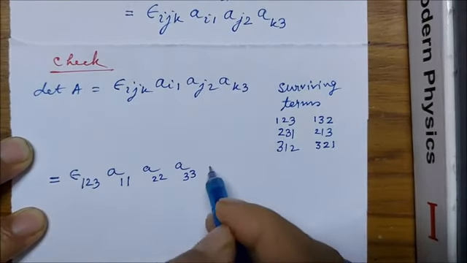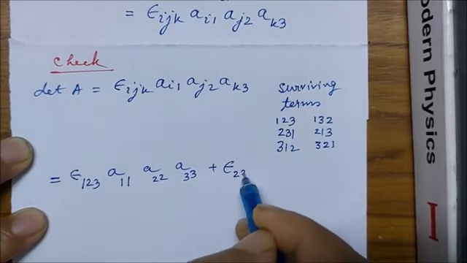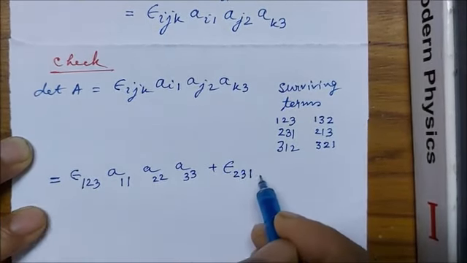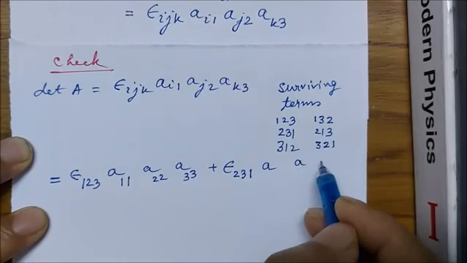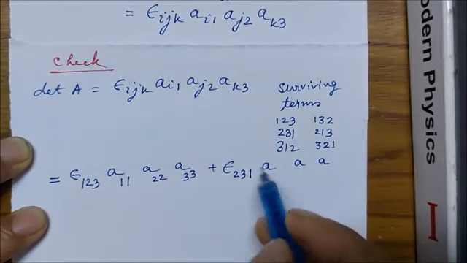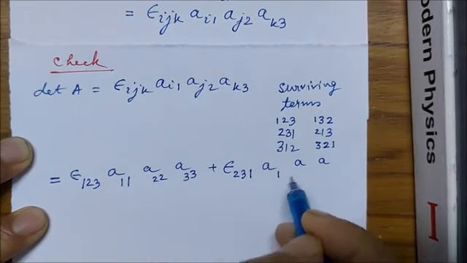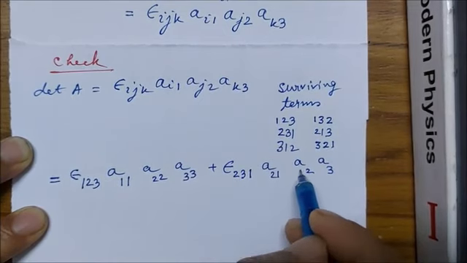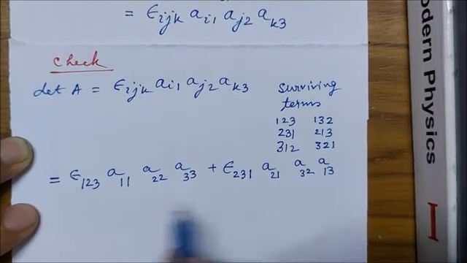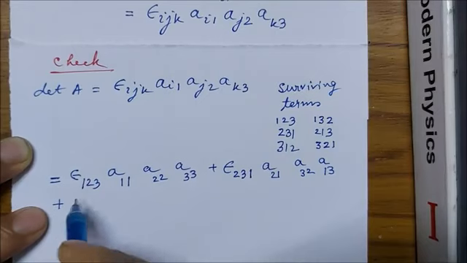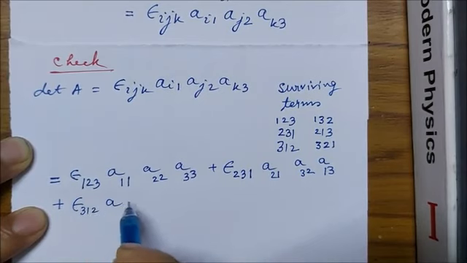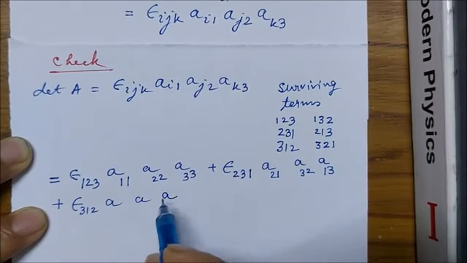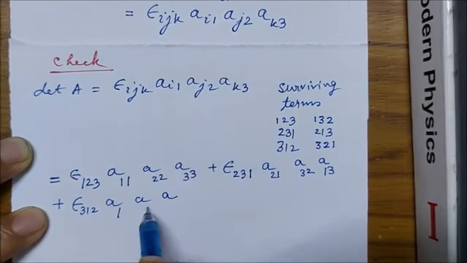The second term is Levi Civita 2, 3, 1. Write down the rightmost terms 1, 2, 3 and then the left ones 2, 3, 1. Then let us write 3, 1, 2. The right ones are 1, 2, 3 and the left ones are 3, 1, 2.